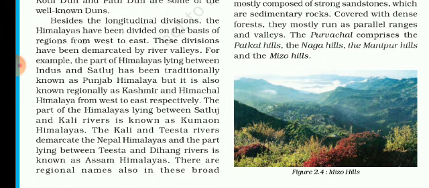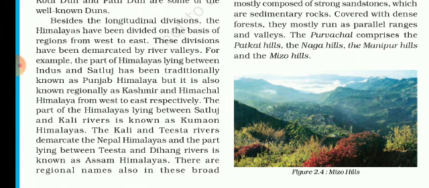The part of Himalayas lying between Satluj and Kali rivers is known as Kumaon Himalayas. The Kali and Teesta rivers demarcate the Nepal Himalayas, and the part lying between Teesta and Dihang rivers is known as Assam Himalayas.